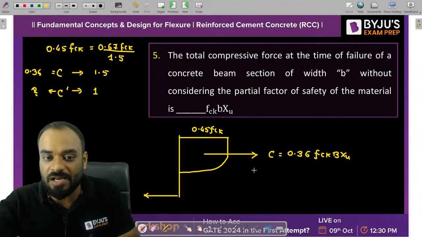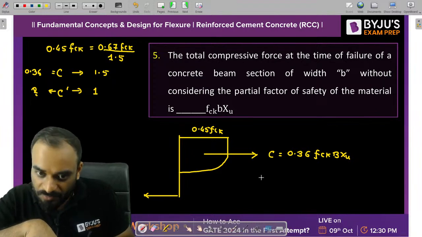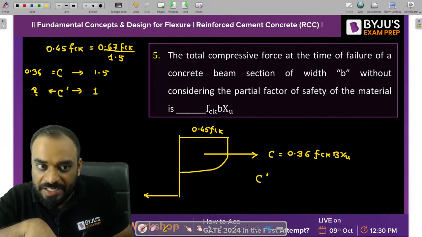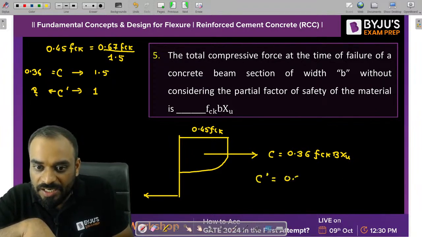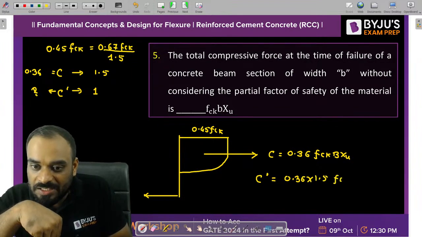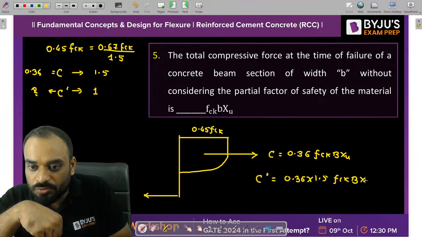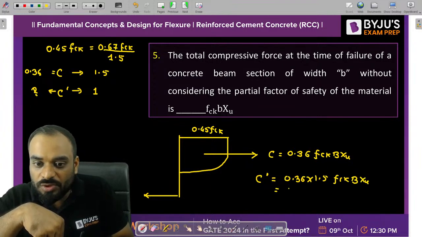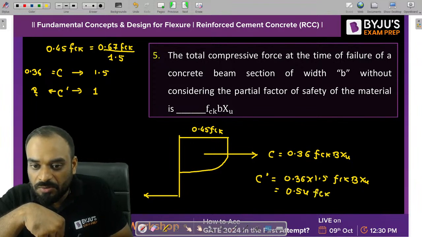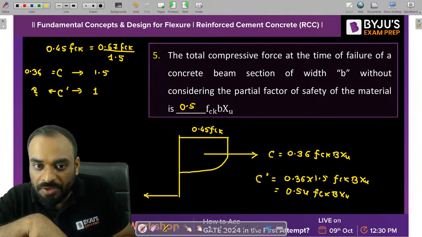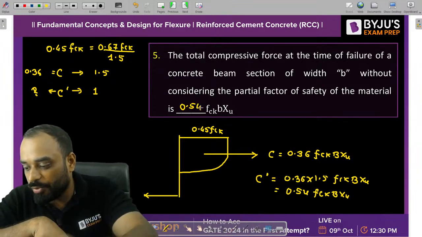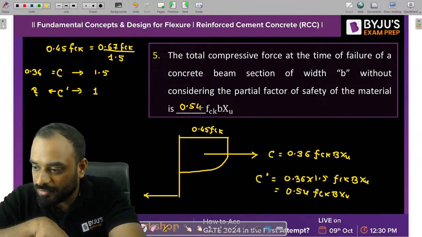Then only I will get the answer, right? Very nice. So C dash is nothing but 0.36 multiplied by 1.5 FCK B into XU. Very simple. Now if you calculate it, you will get 0.54 FCK B into XU. So you need to put 0.54. Right. Yes.